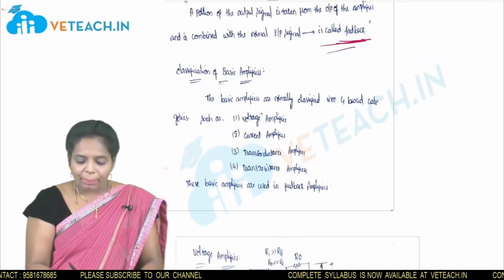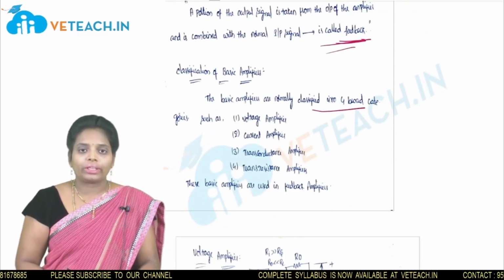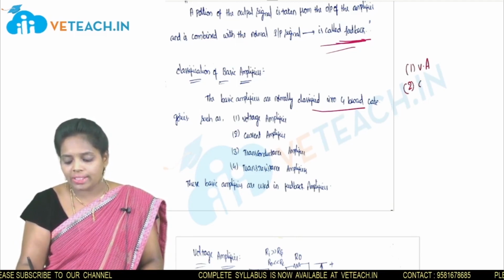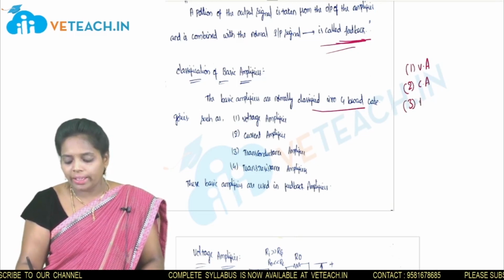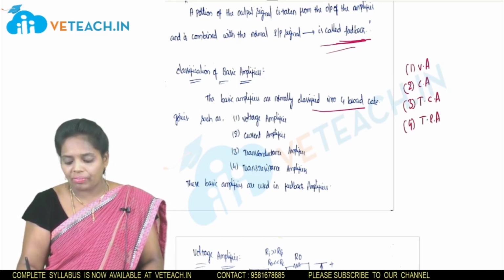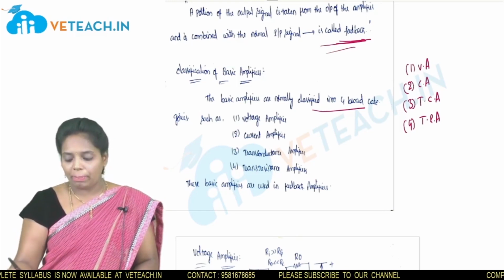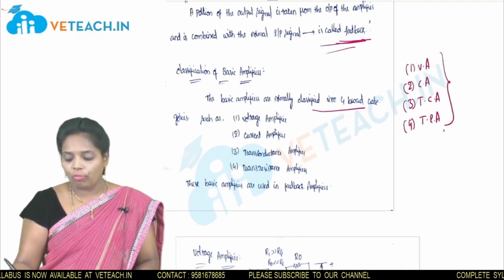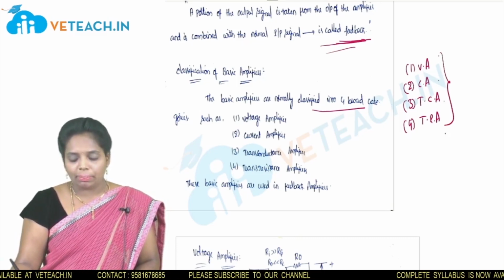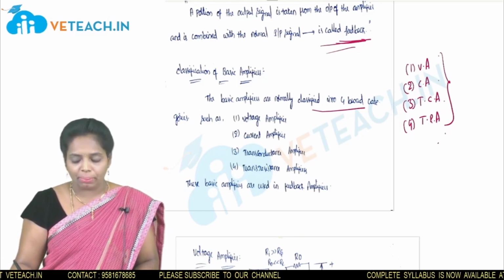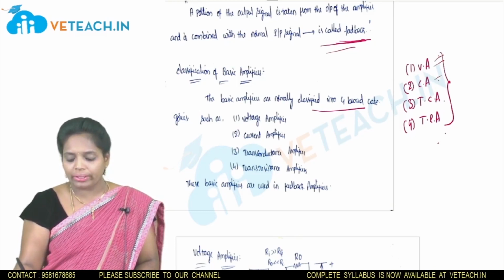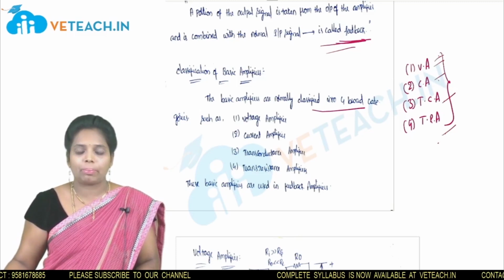The basic amplifiers are generally classified into 4 categories: first is the voltage amplifier, second is the current amplifier, third is the transconductance amplifier, and fourth is the transresistance amplifier. Now we will see the circuit diagrams of these amplifiers.